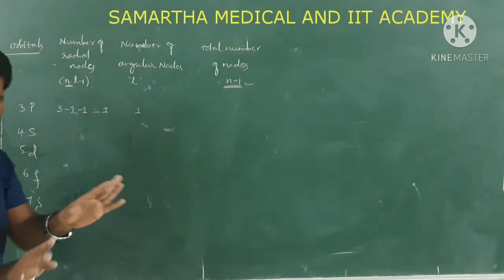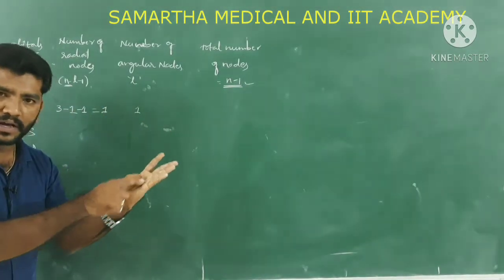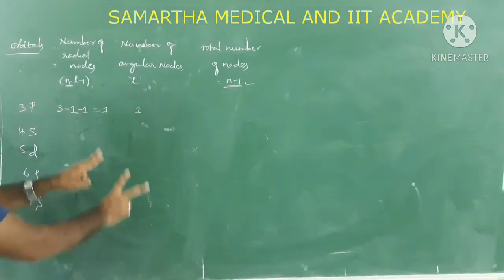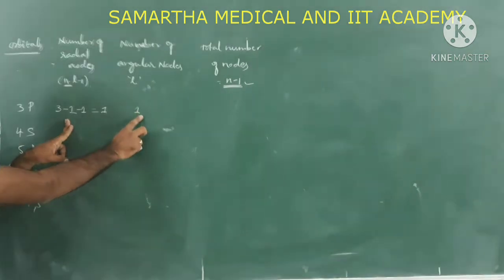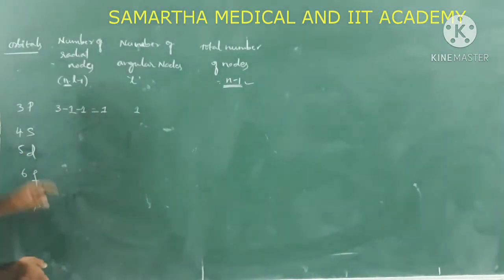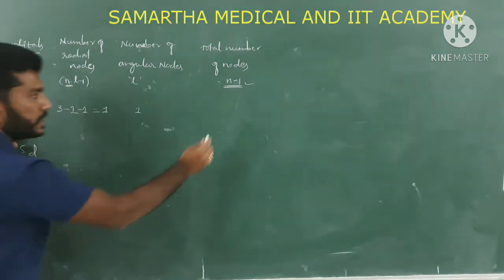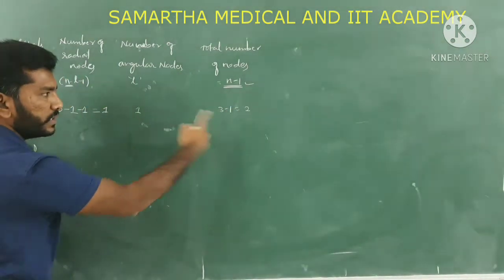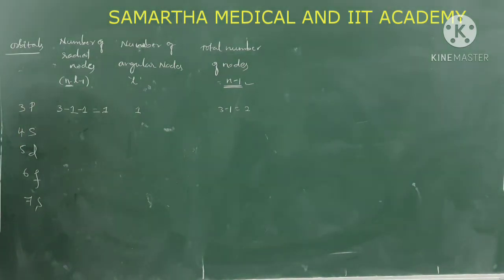Okay, the total number of nodes is nothing but a combination of radial nodes and angular nodes. If you count the radial node as well as the angular node, that is 1 plus 1, 2. Then the formula for the total number of nodes is n minus 1, right? So n value here is 3, minus 1, 2. So 1 plus 1, 2. The total number of nodes is 2. That's the same thing.